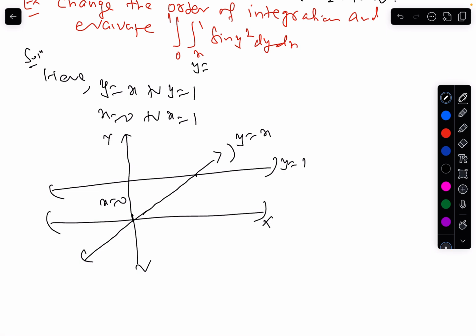So y is 1 here. So this point is y is x. So that is 1. So x is also 1 here. Y is x to y is 1. So this is the region of integration.